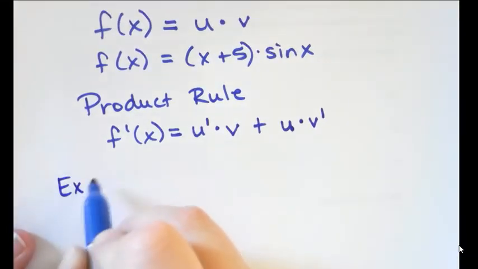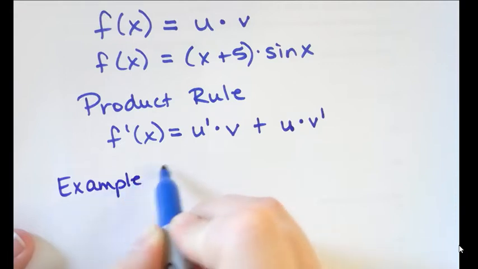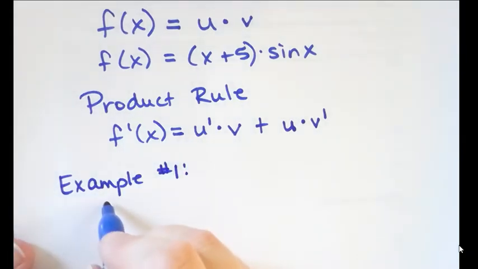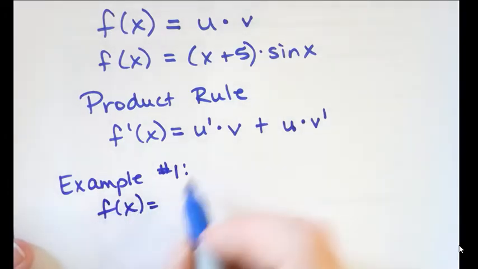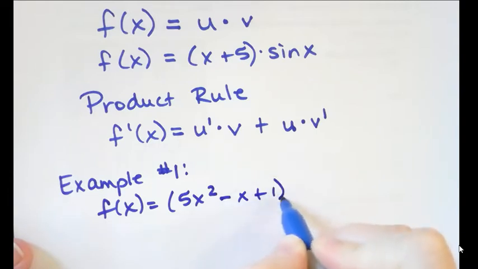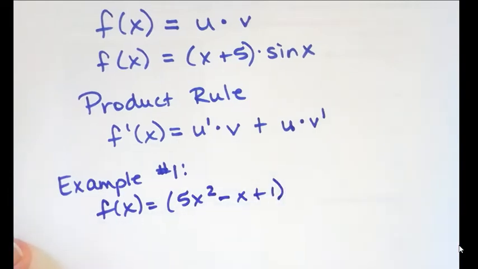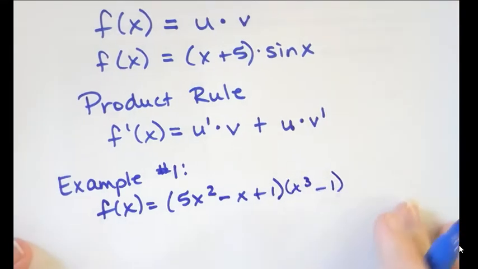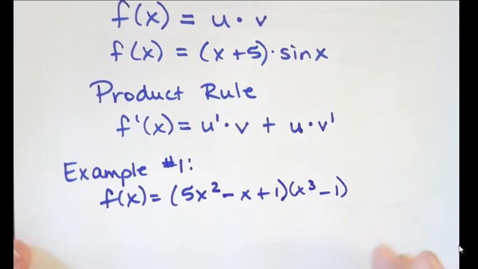So to give you an example of how we could use this with an actual function, let's say that f of x equals 5x squared minus x plus 1 times x cubed minus 1. Okay.